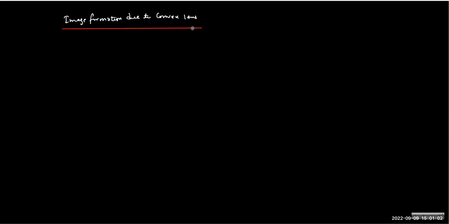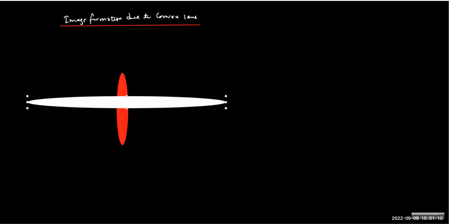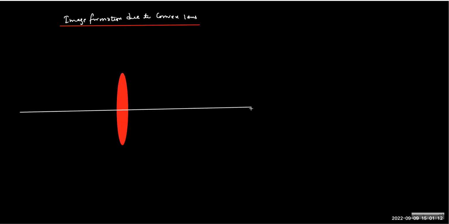In convex, we have multiple choices in terms of answers, but in concave, we have just two choices. As a notation, how do you start? You write F first of all, you write 2F, you write F dash, and you write 2F dash.